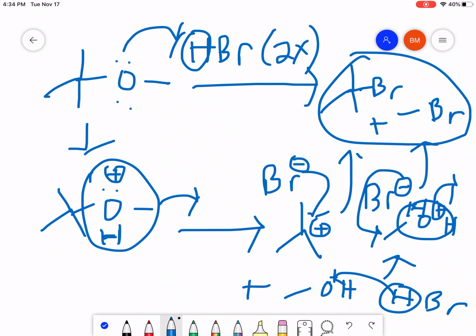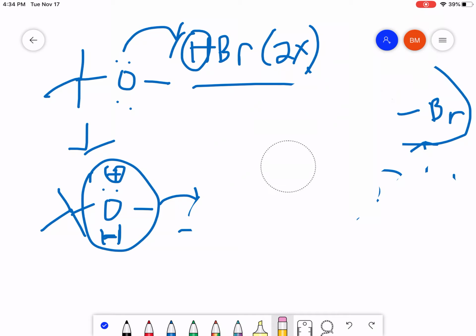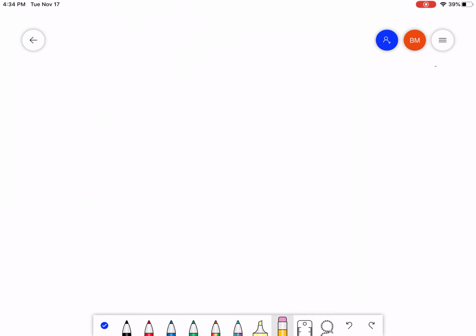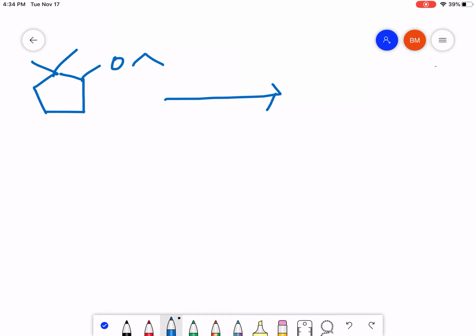All right? So you may think, okay, well, it didn't really end up changing the product any, so does it really matter? Well, yes, indeed it does. Let's take a look at this one. All right, so we have a secondary ether.